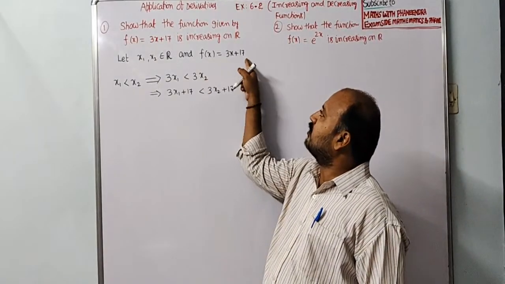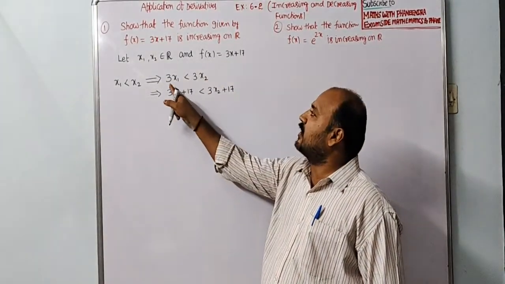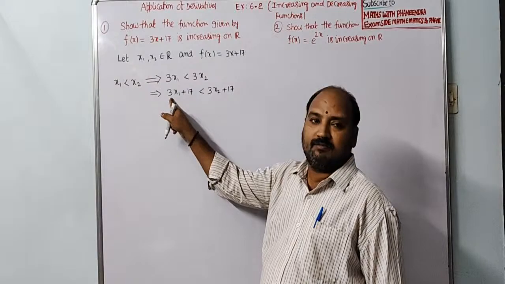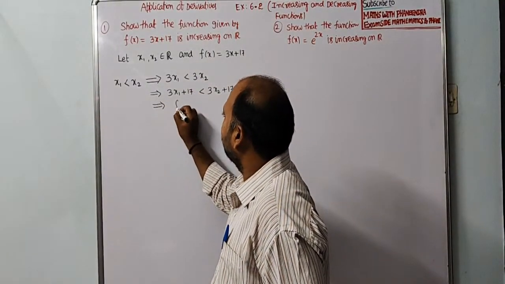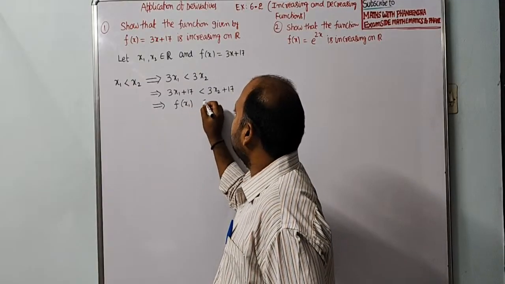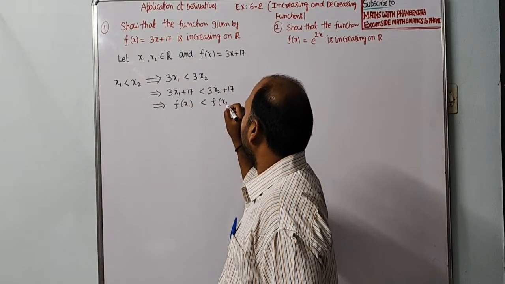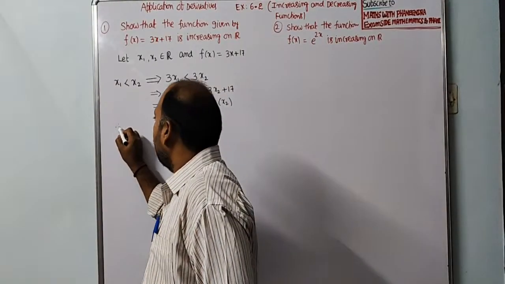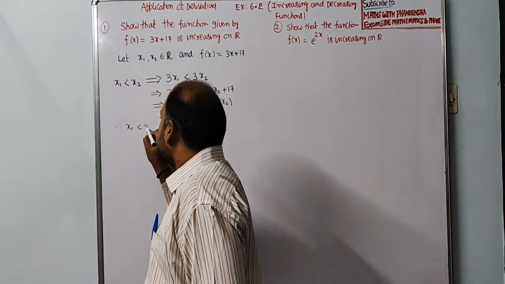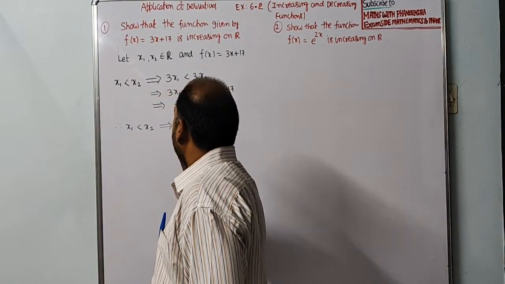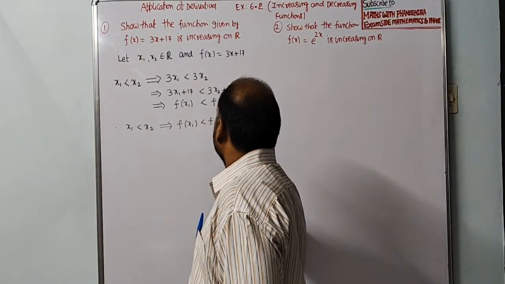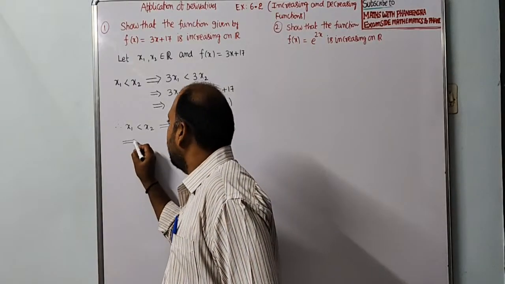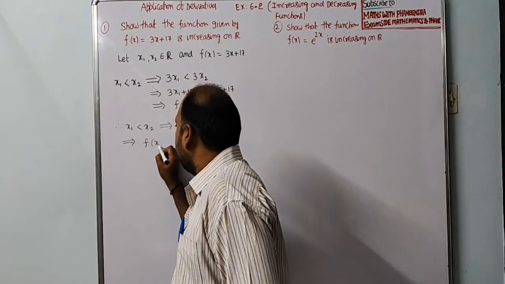So f of x equal to 3x plus 17. So 3x1 plus 17 is f of x1, which is less than f of x2. Therefore x1 is less than x2 implies f of x1 is less than f of x2. That implies that f of x is increasing.